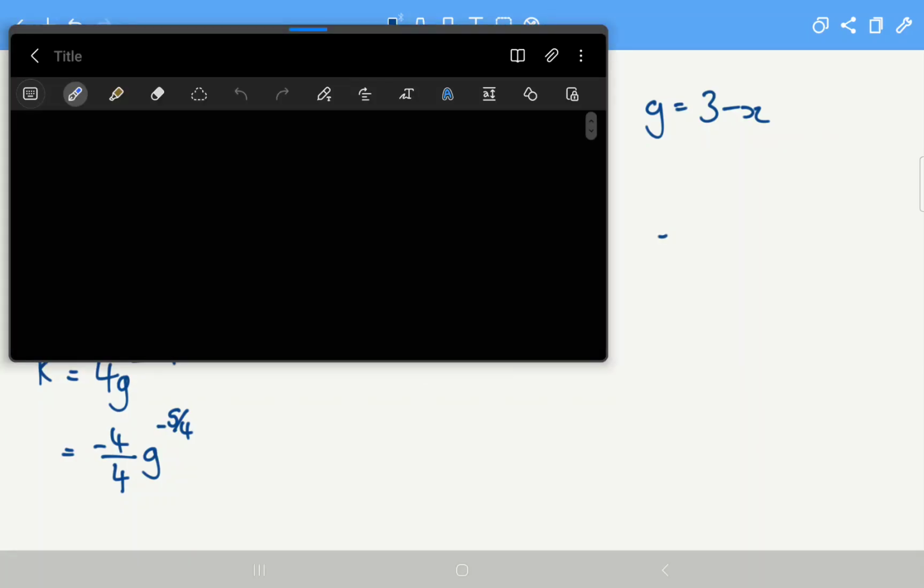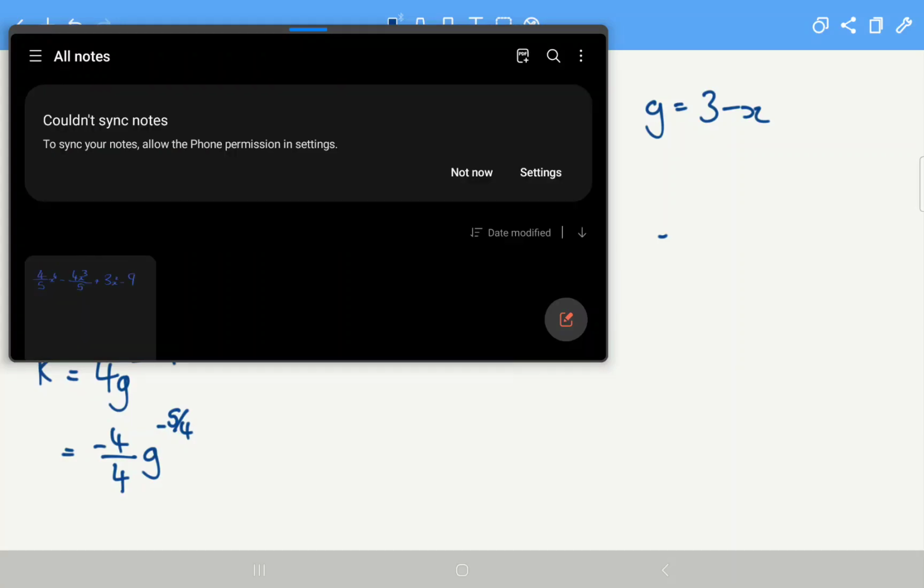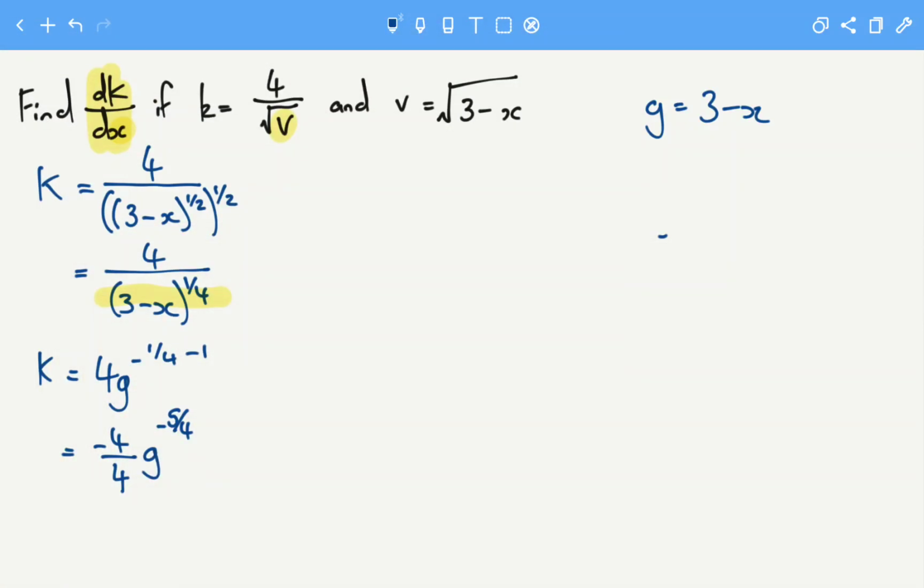Oh, sorry about that. I've just opened a notification. So that is the differentiation of k in terms of g. We've done that step. And then again, we can rewrite that a little better.